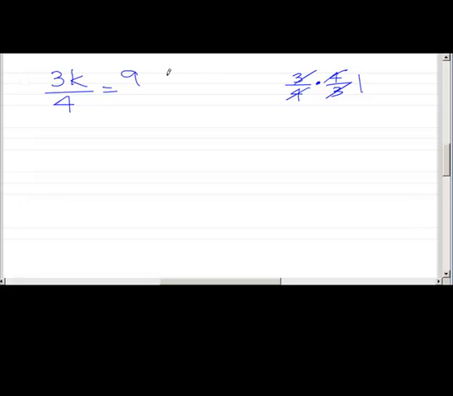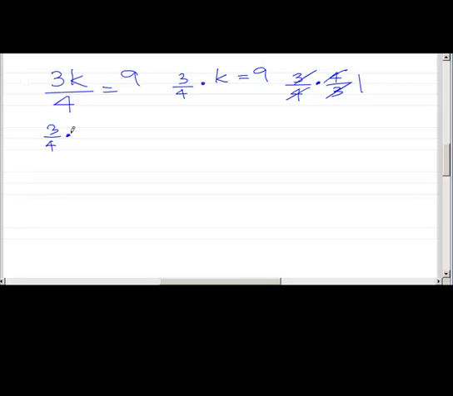Really, we can write this out, by the way. It's the same as having 3/4 times k equals 9. That little black dot is a multiplication sign, so as not to confuse it with the letter x when you're using algebra. So if we have 3/4 times k equals 9, I'll rewrite it here.